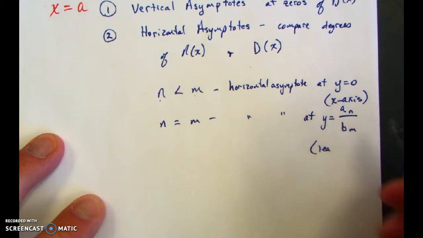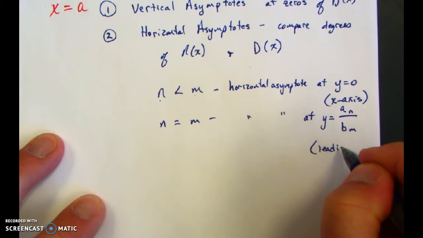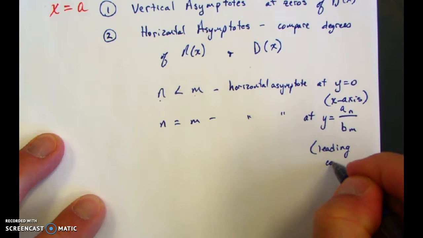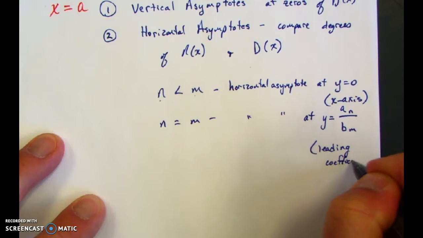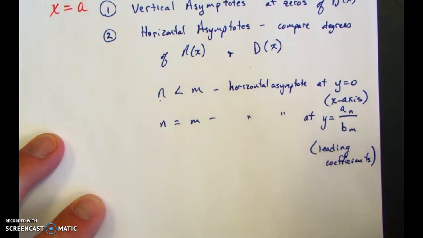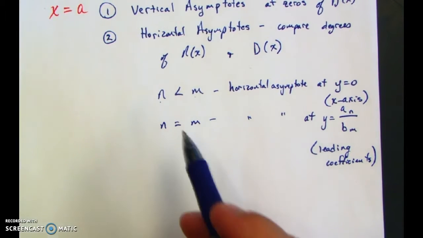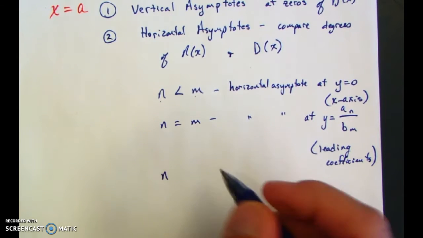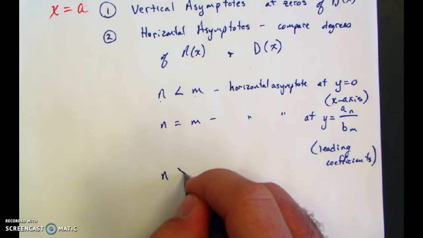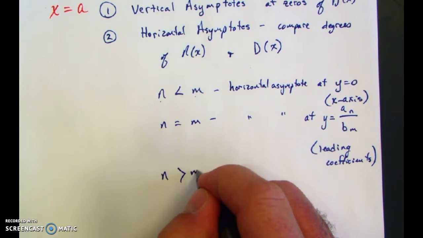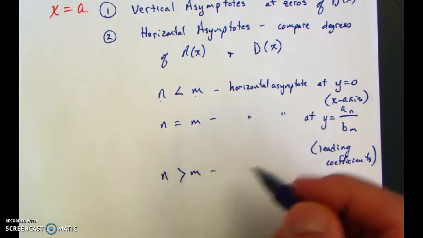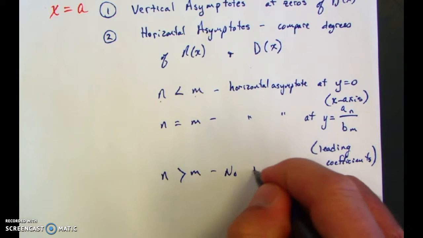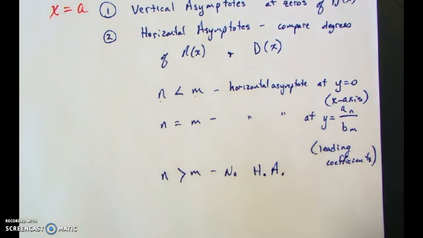And remember, those are leading coefficients. The other scenario is that the degree of the numerator is greater than the degree of the denominator, in which case there is no horizontal asymptote.